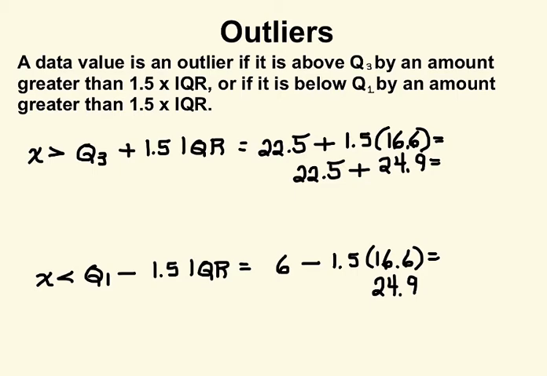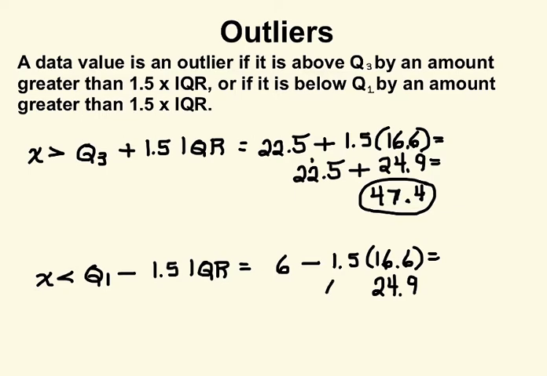If I add these together, we get 47.4. Anything that's 47.4 or greater is an outlier.